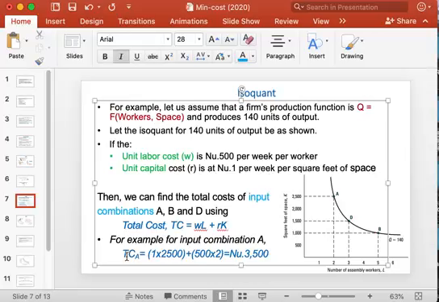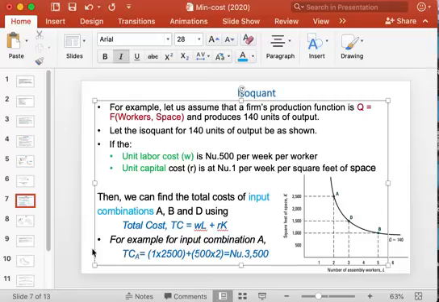So you can see in this example, the total cost of input combination A is equal to 1 Newton into 2500 square feet of space, which is nothing but RK, plus 500 into 2 assembly workers, which is nothing but W into L, and it will give you 3500 Newton.